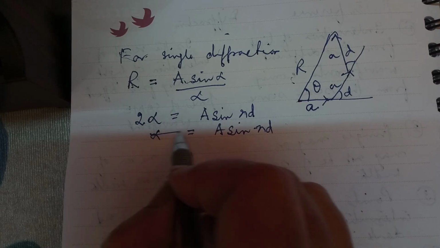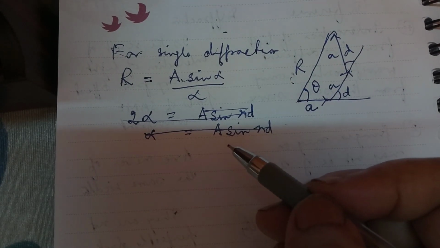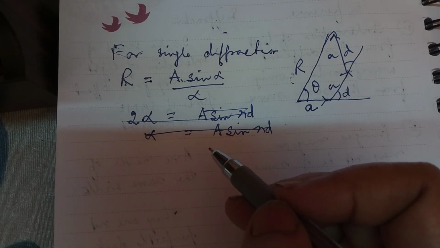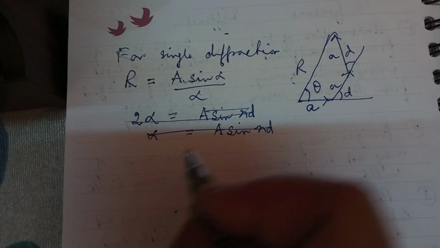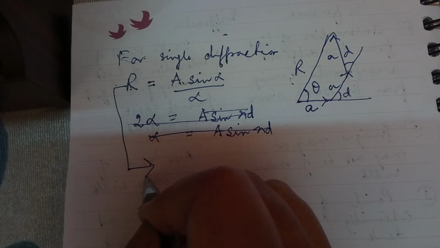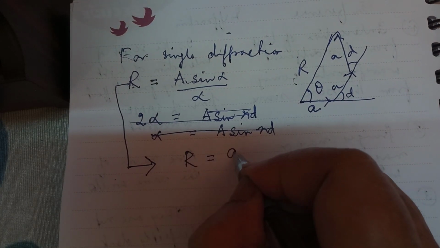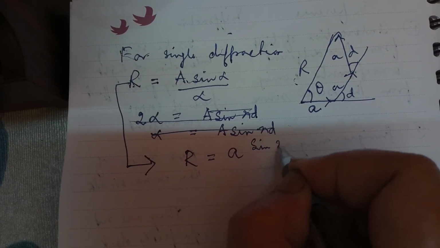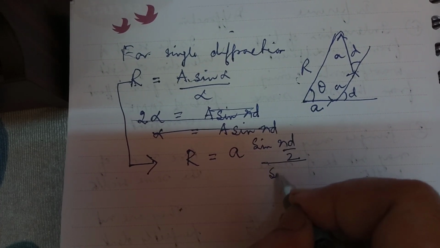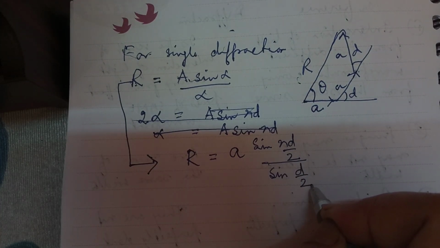No, wait. We are making a mistake over here. I think I have to go back a little bit for the derivation. We actually had the resultant R over here. From our previous derivation, R is equal to A sine of ND by 2 divided by sine of D by 2.